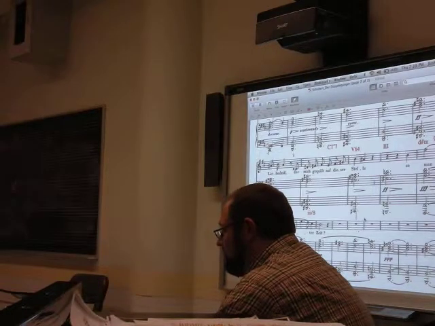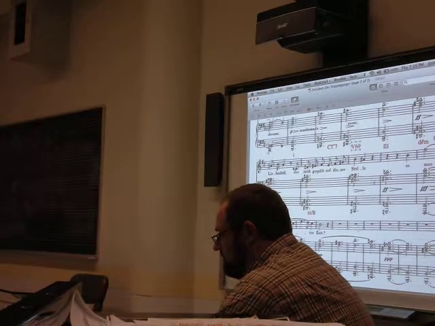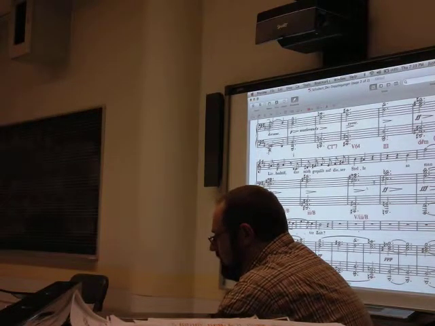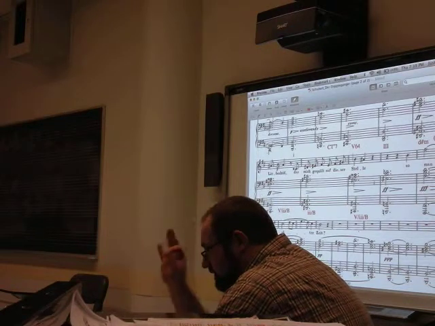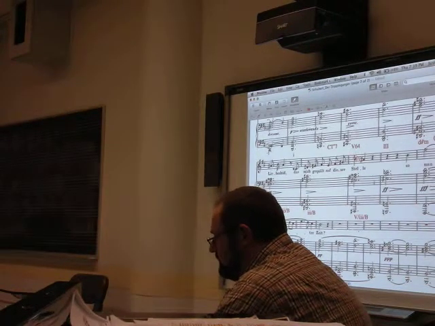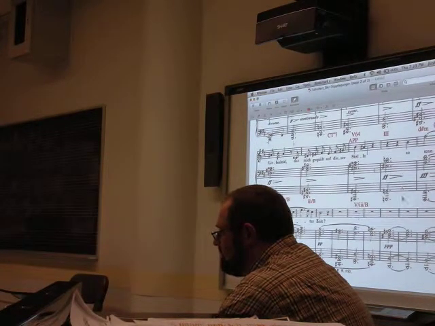And then we have the same thing, the 5. The 5 of 3, if we're thinking of it in the parallel major, with the global tonic working as an appoggiatura above. A moment not to be missed.